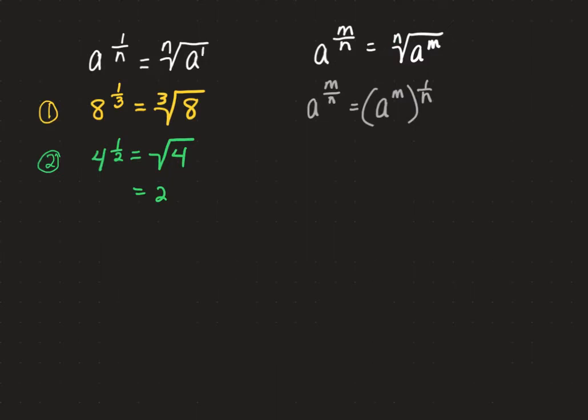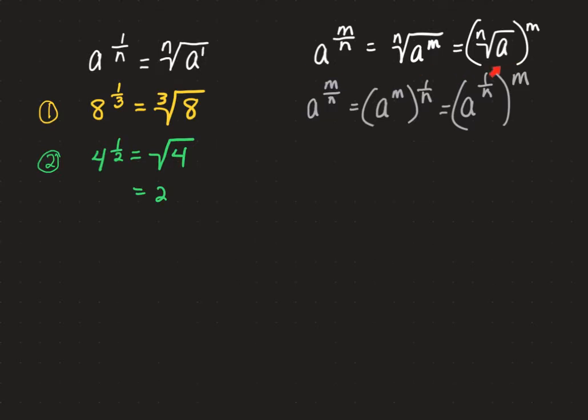But if we think about it, this same rule of exponents that we've used before allows us to rewrite this in this way. Because when we perform the multiplication, we will still get m over n as our exponent. So it is also true that the nth root of a raised to the mth power is equivalent to a to the m over n.